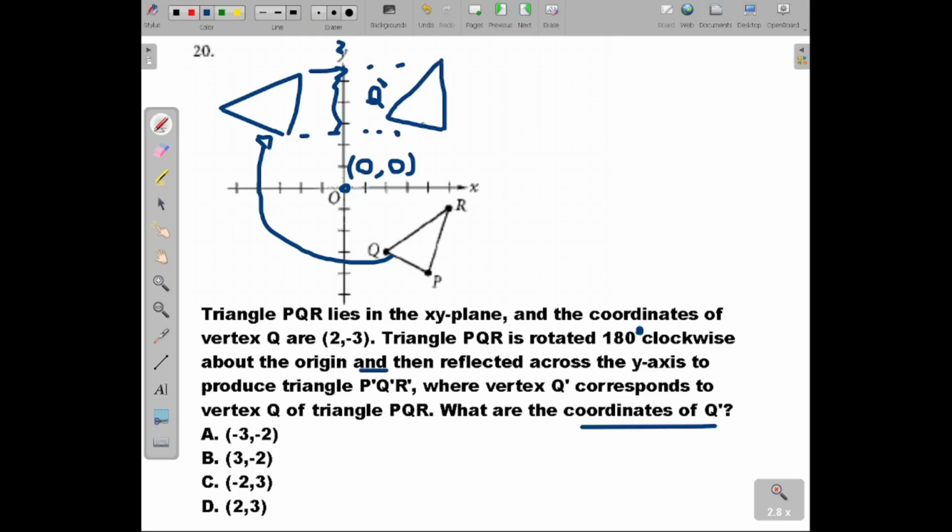If our triangle moves to this position, we know that the values for x and y are positive because it's on the positive side of x and y. If we look at the answer choices, the only coordinates that follow that criteria are 2 and 3. The others have a negative sign or both negative. Therefore, the right answer is D.